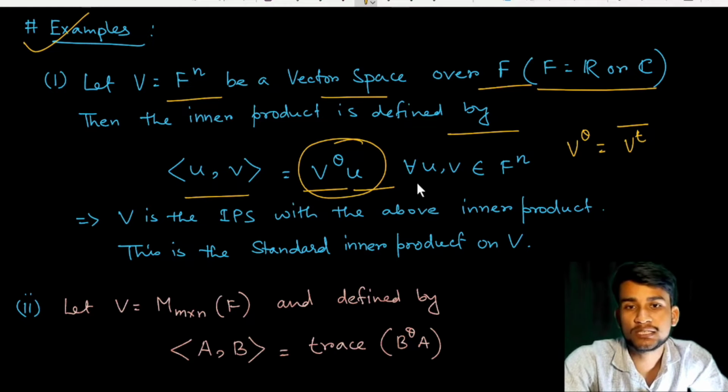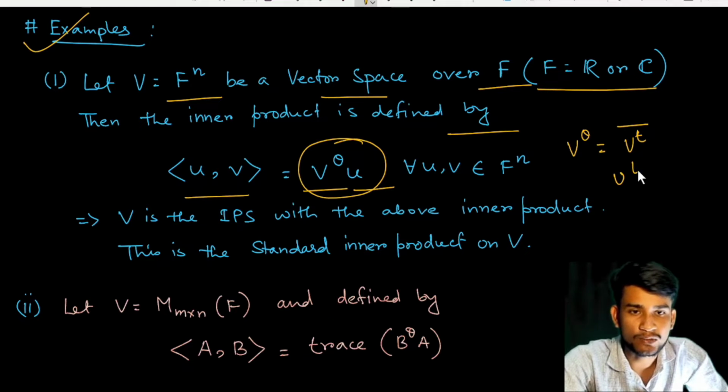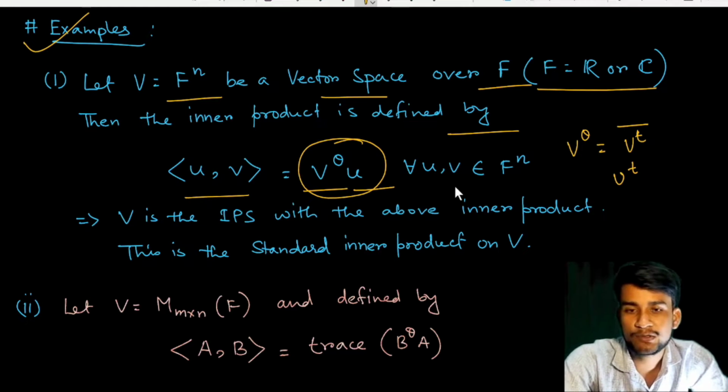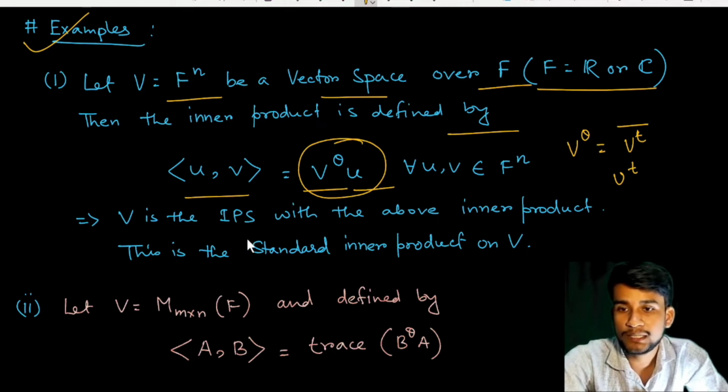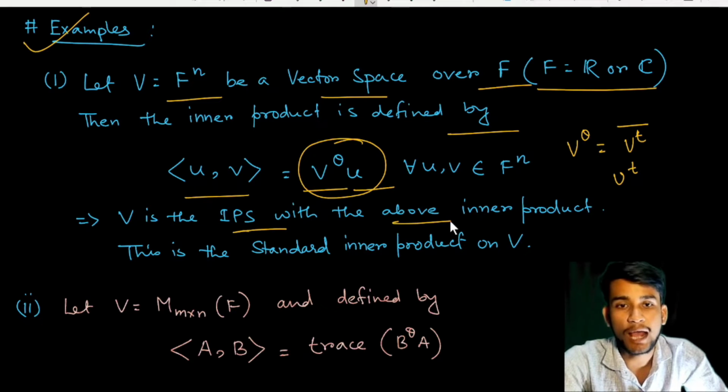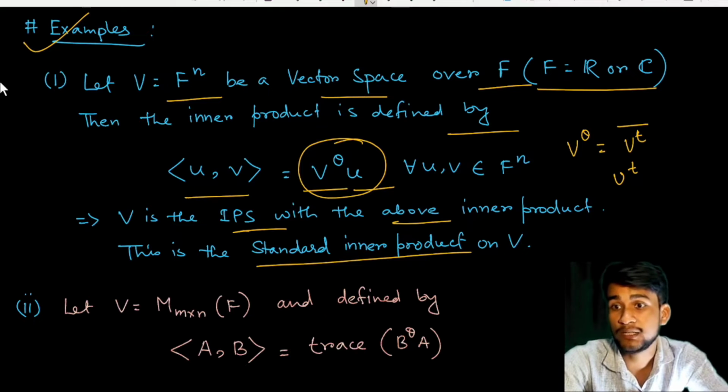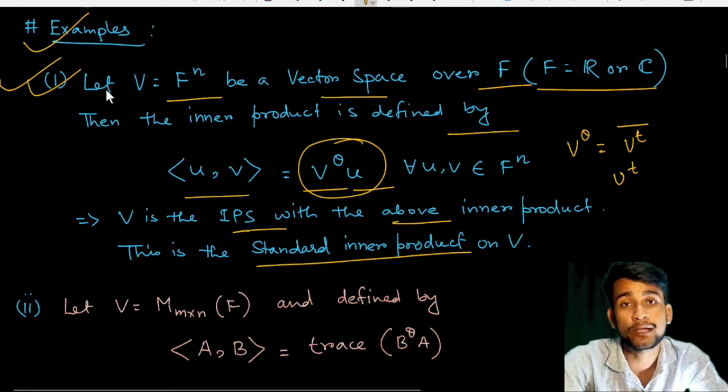In the real case this is simply v transpose u, for all u, v belonging to the n-tuples over the field F. Then V is an inner product space with the above inner product. This is the standard inner product on V.